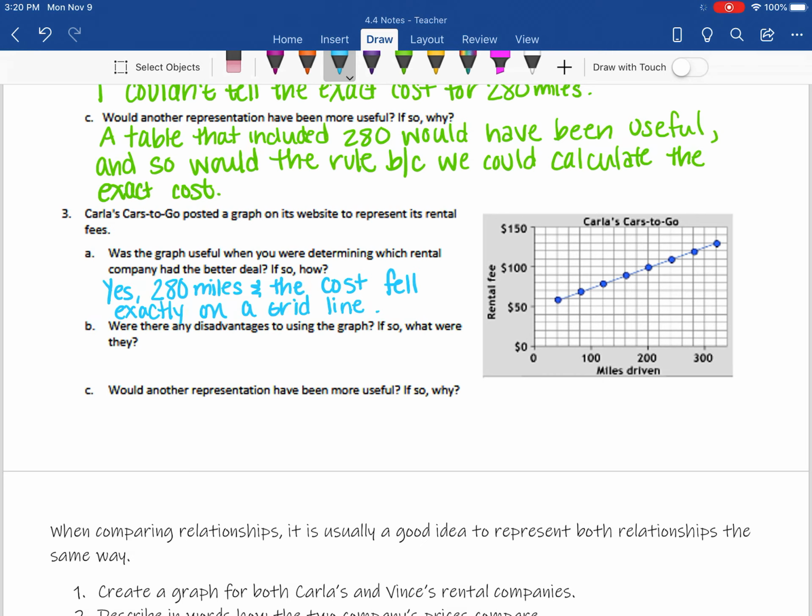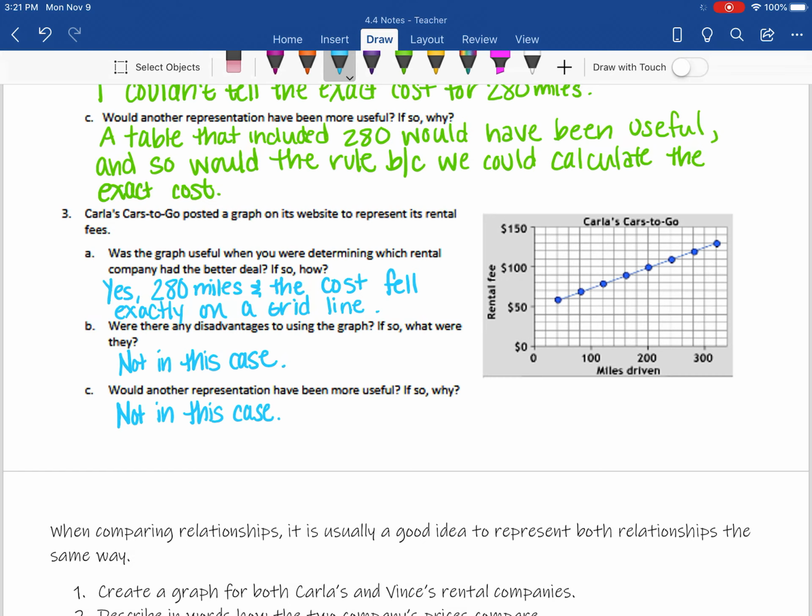Not in this case, because it did fall on the grid line. And would another representation have been more useful? If so, why? I mean, again, I would say not in this case for me, because we were specifically asked about 280 miles.